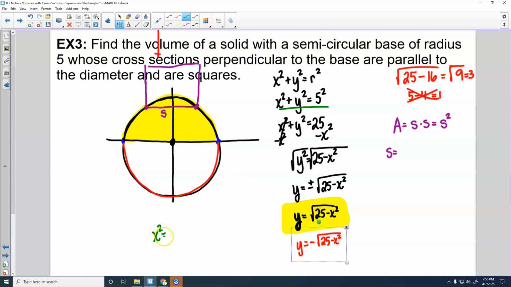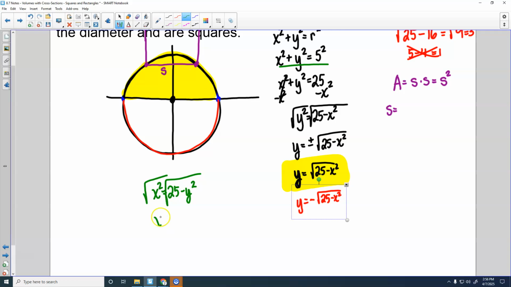So x squared would equal 25 minus y squared. I would square root both sides, and I would get x equals positive square root of 25 minus y squared, and x equals negative square root of 25 minus y squared.